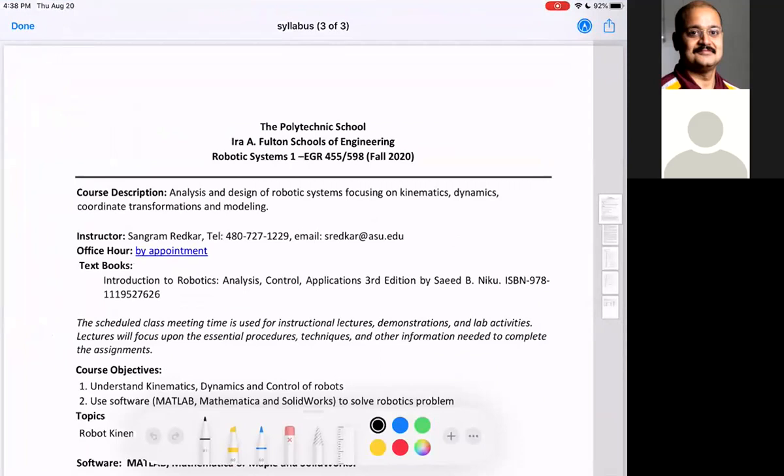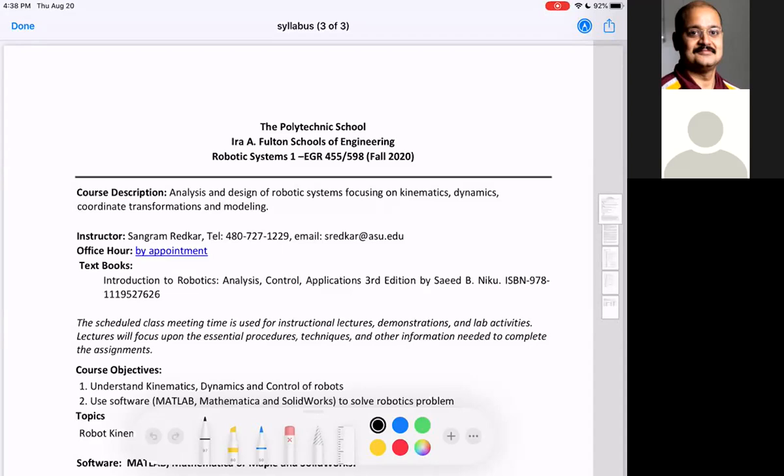The course description is analysis and design of robotic systems, with a focus on kinematics, dynamics, coordinate transformation, and modeling. So we will be focusing a lot on understanding how the robot moves, what the vectors associated with it are, what the various coordinate transformations are, and how we solve these robotic systems problems.